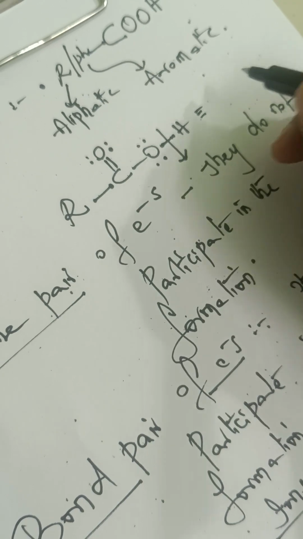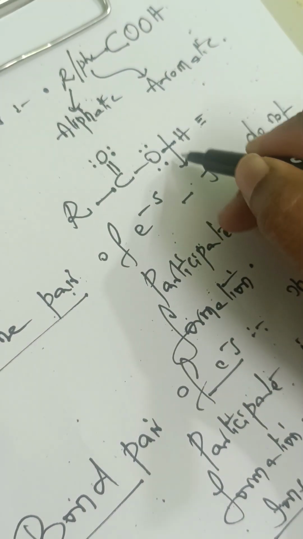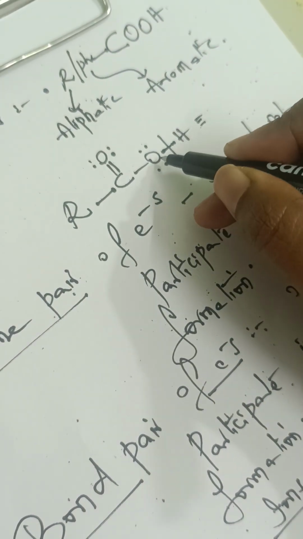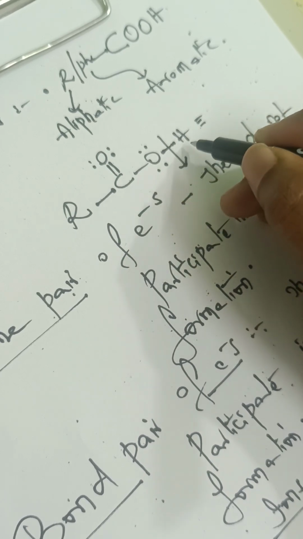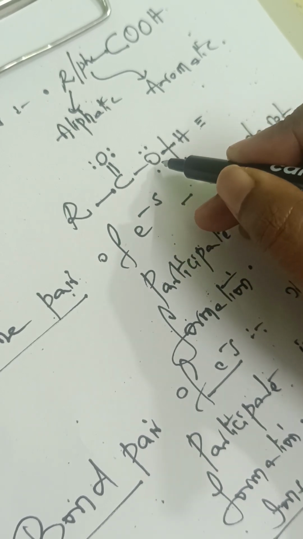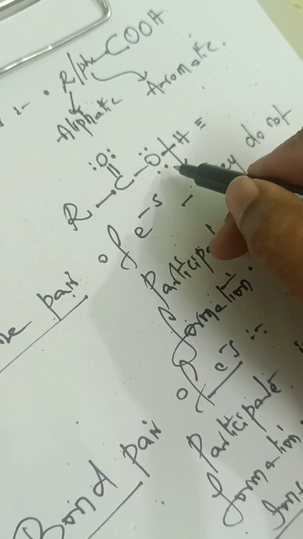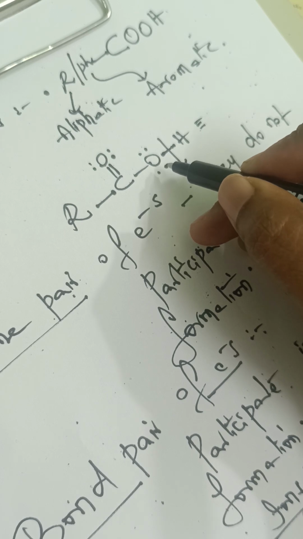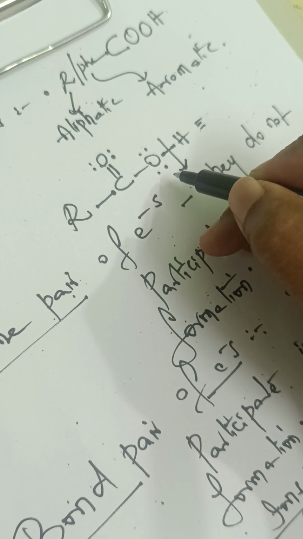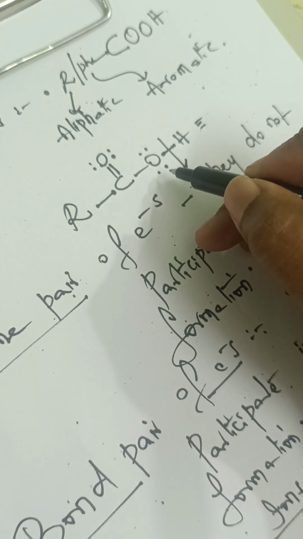When the bond is breaking between oxygen and hydrogen atom, oxygen is more electronegative compared to hydrogen. Here I am explaining the term electronegativity. Electronegativity is the capacity or ability of an element to withdraw a pair of electrons towards itself.